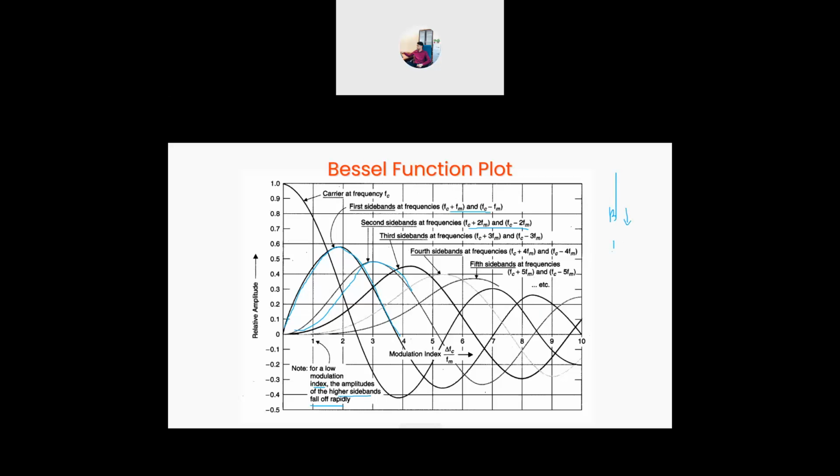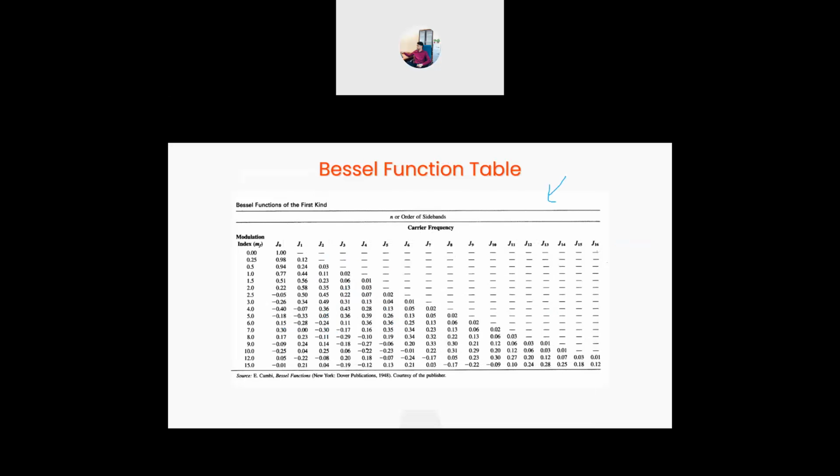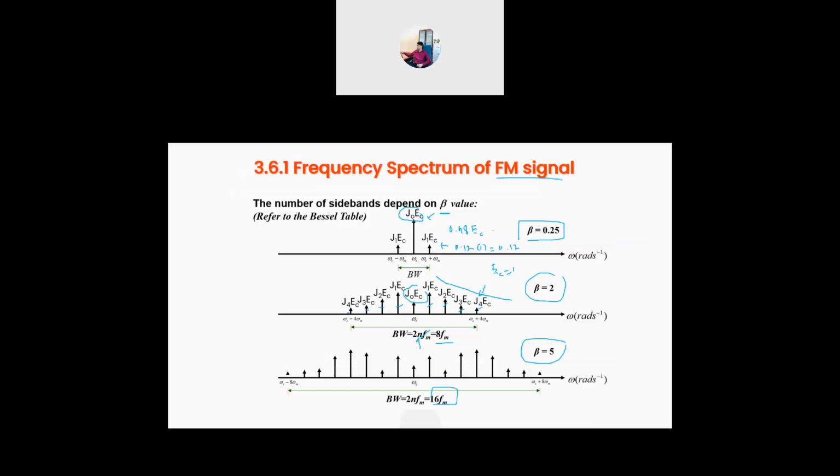If you have big beta, it's different. If beta is small, it falls off rapidly, but if beta is higher, it falls off slowly.